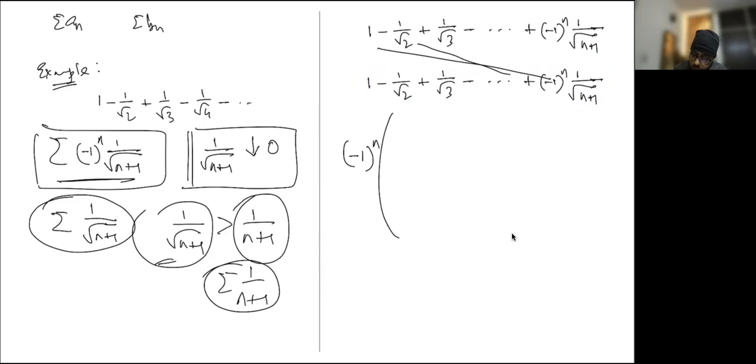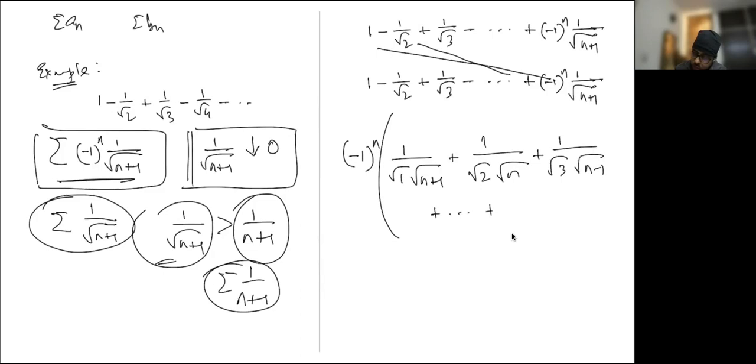Now the first term would be, then, until the first one becomes n plus 1, the second one becomes 1. So this is going to be the nth term of the product series.